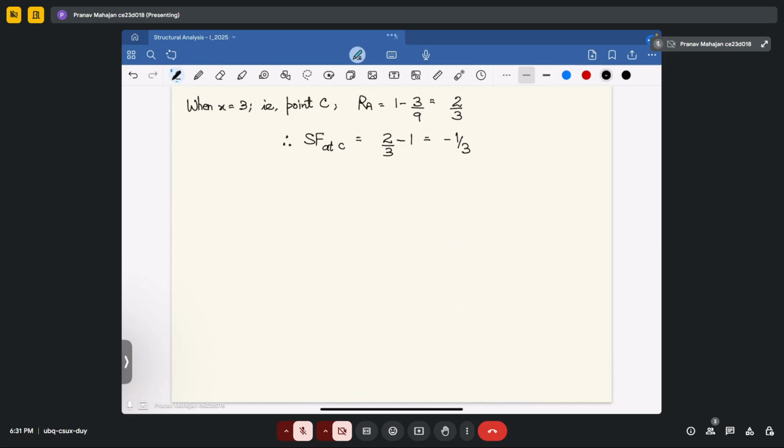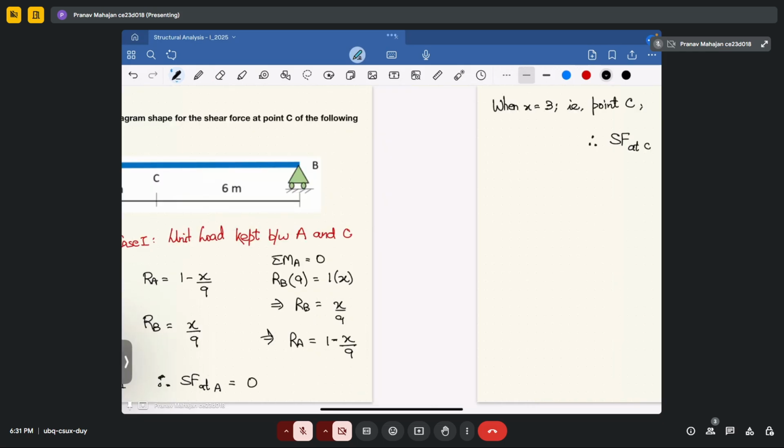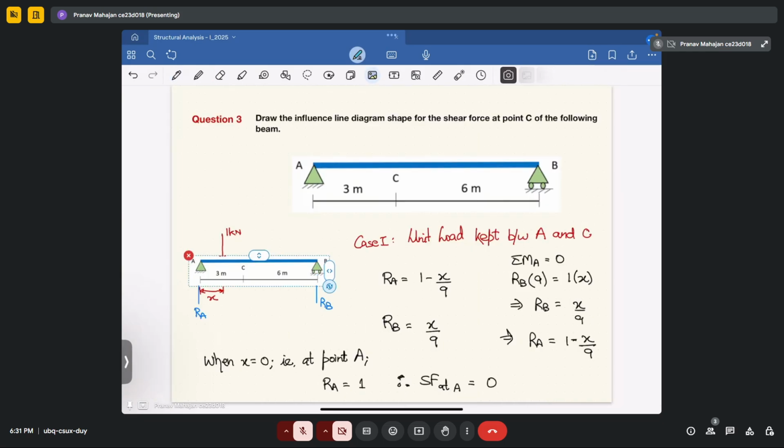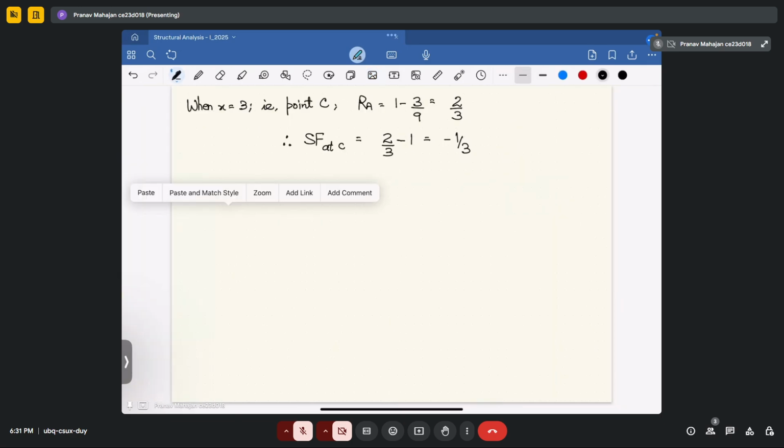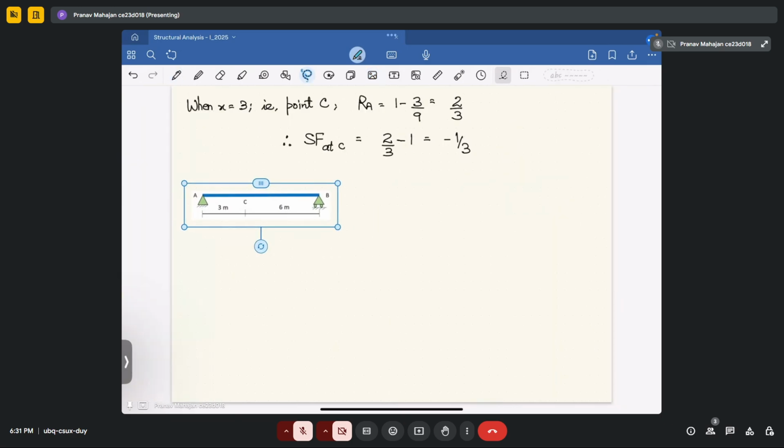Now take this beam again and see if your load is kept between B and C. So now if your load is kept between B and C and it is at a distance of H from A again, in this case, what are the reactions you will be observing?